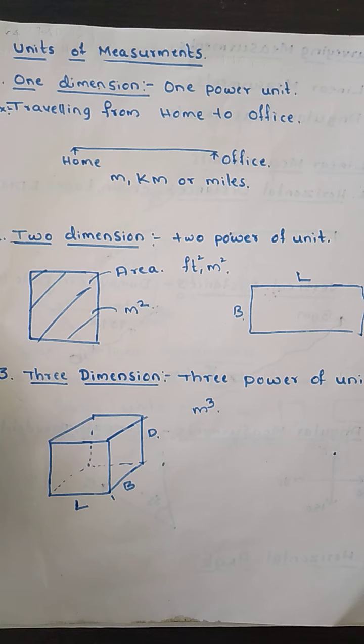Now, in today's class, we are going to enter into a very important aspect of surveying. Basically, what we are going to measure in surveying is distance, direction and elevation. In order to understand distance, direction and elevation, we should know the different types of units of measurements we are going to use.